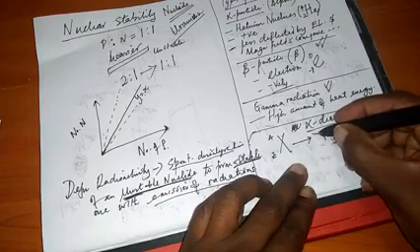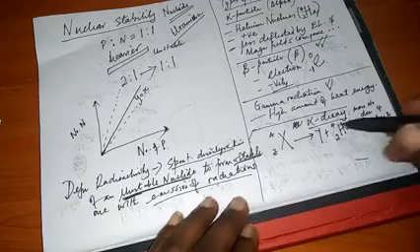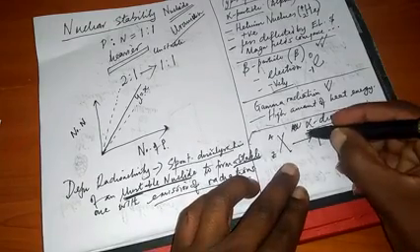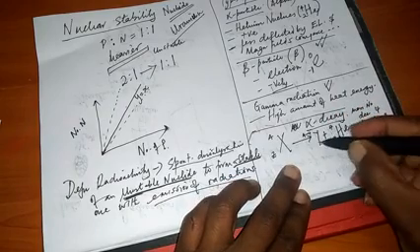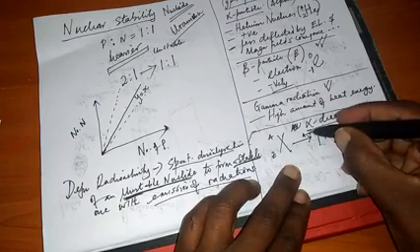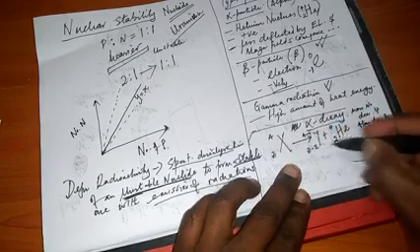The mass number of this one will be A minus 4, and the atomic number will be Z minus 2.